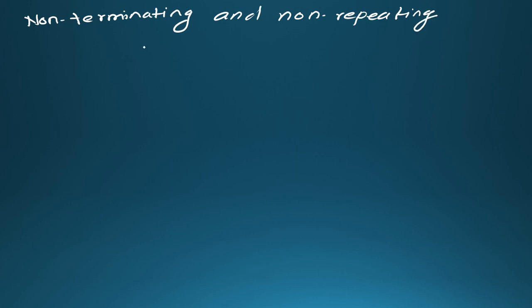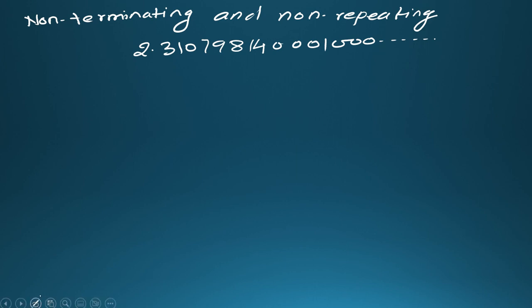For example, 2.3107814000100 like that. You can see after the decimal point you cannot form any pattern. There is no repetition of the pattern, so it is a non-terminating and non-repeating number, and therefore this type of number will be called an irrational number.